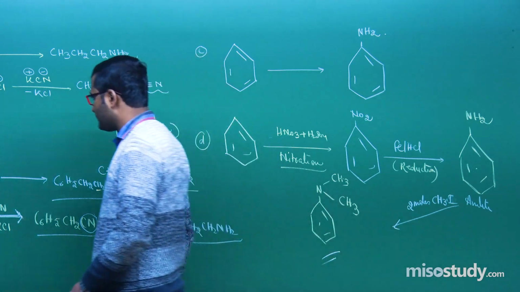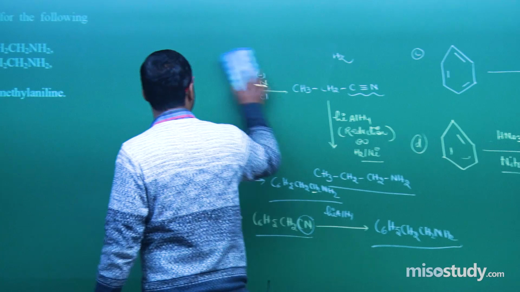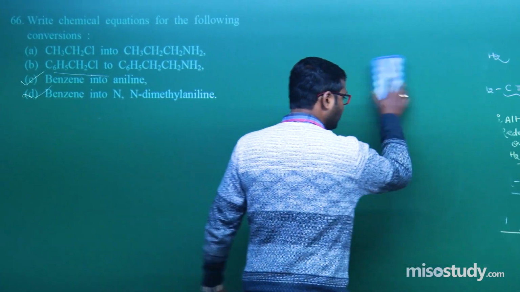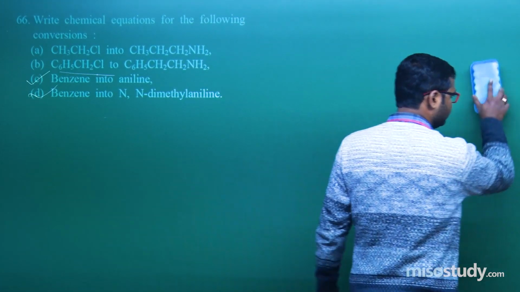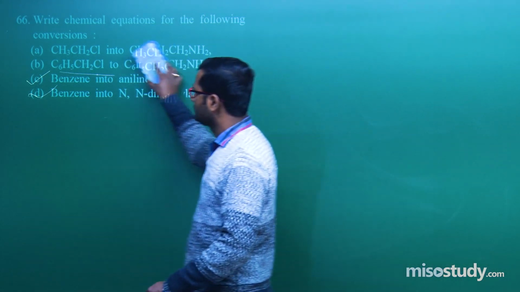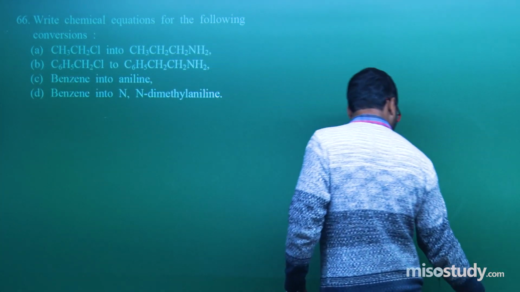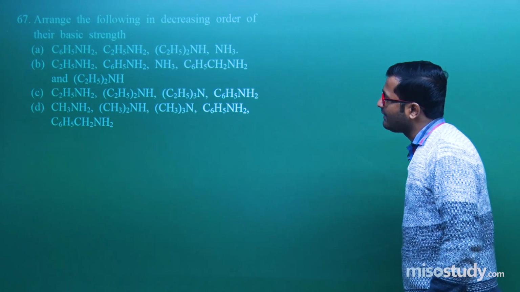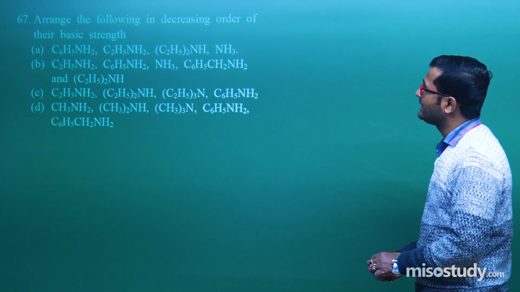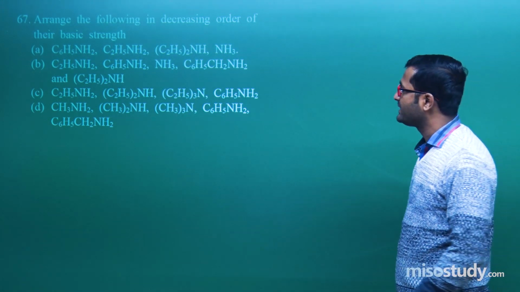Okay, now I am going to rub this part and let's move to the next question. Next question is 67. Arrange the following in decreasing or increasing order of basic strength.